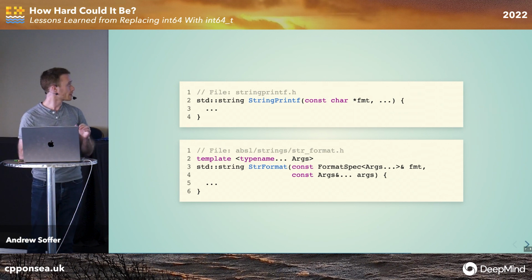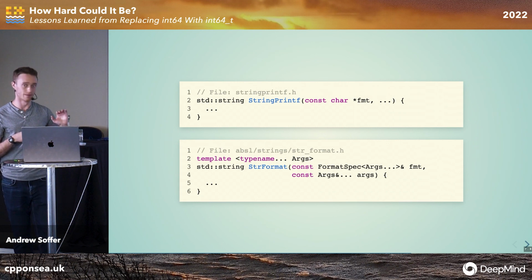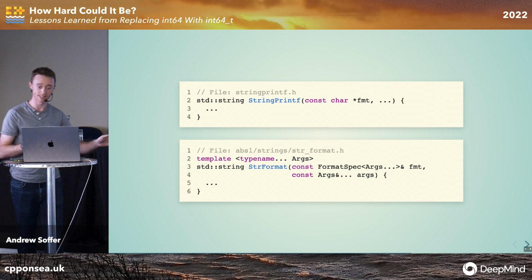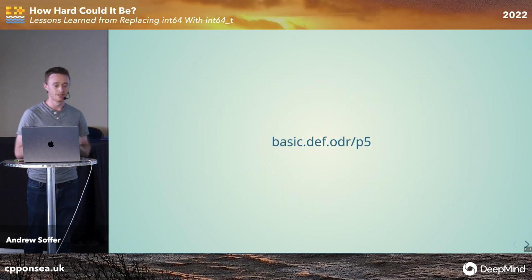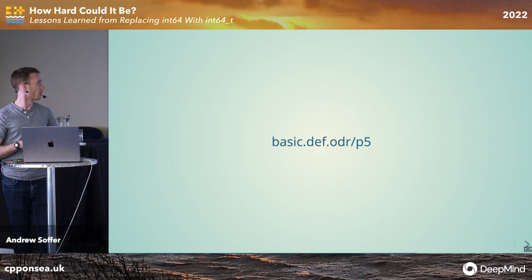Now, I'm not going to show you the actual wording from the C++ standard, because I know we all have it memorized. But the relevant section here is basic.def.odr paragraph 5. Roughly speaking, what it says is if you're going to pass a variable by reference, it must have a definition.